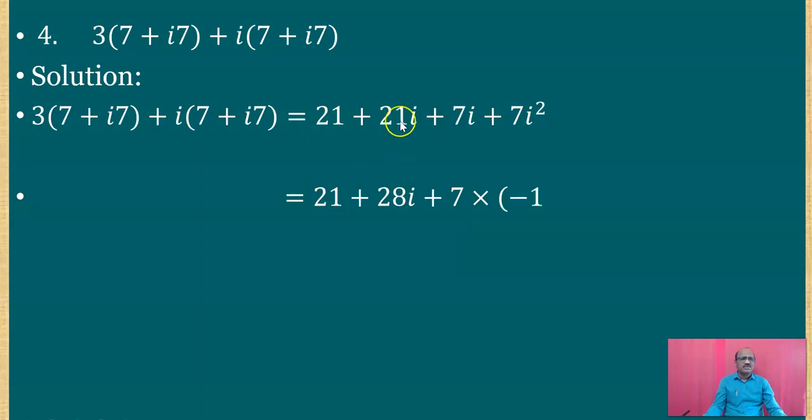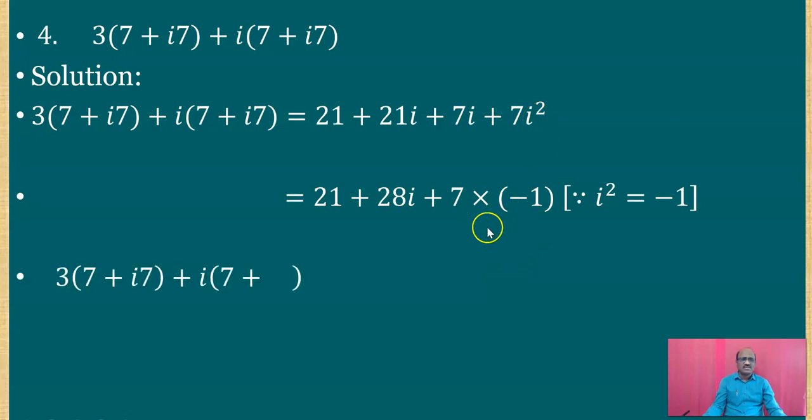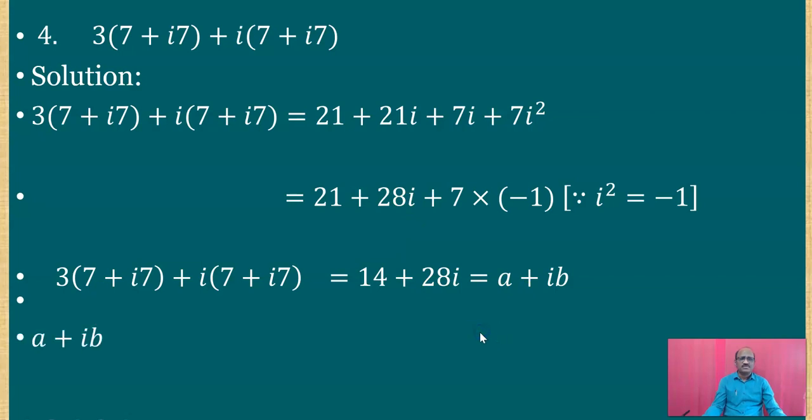Here is 21, 28i, and i square is again minus 1, therefore overall you will get minus 7. That is 21 minus 7 is 14, so 14 plus 28i, that is equal to a plus ib. Therefore a plus ib is equal to 14 plus 28i.